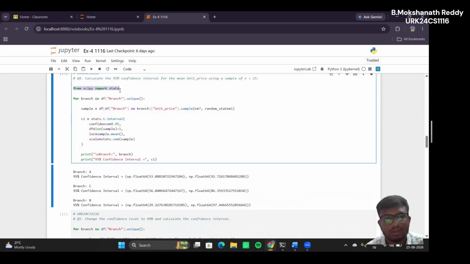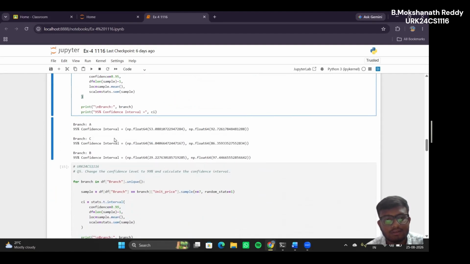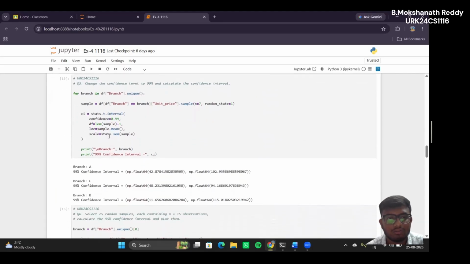It selects 8 random observations, and calculates the sample mean and standard error. The stats dot interval calculates the confidence interval and the mean for the branch. The output displays lower and upper confidence limits for branches A, B, and C. And next we'll go to the fifth question.